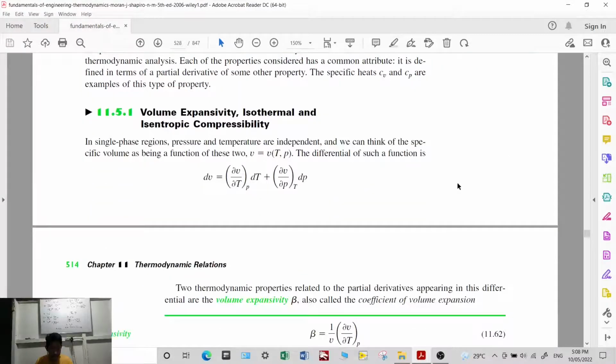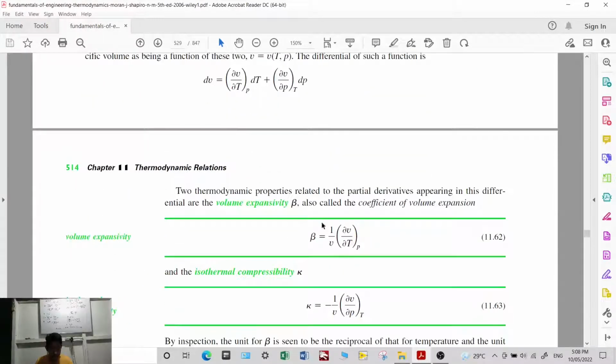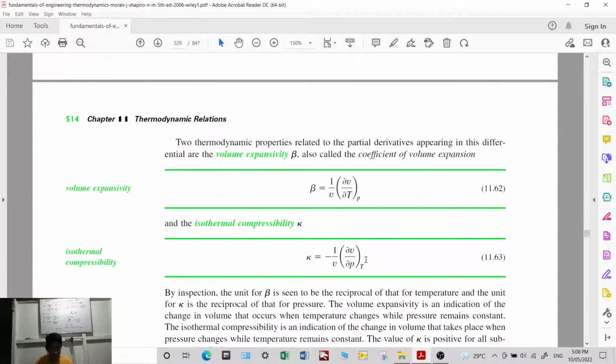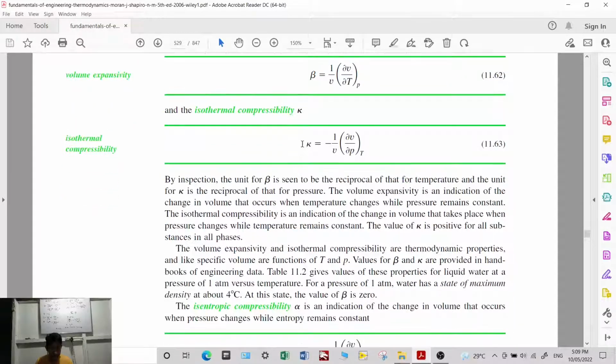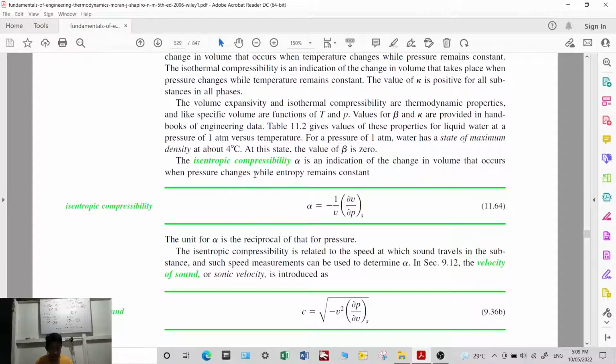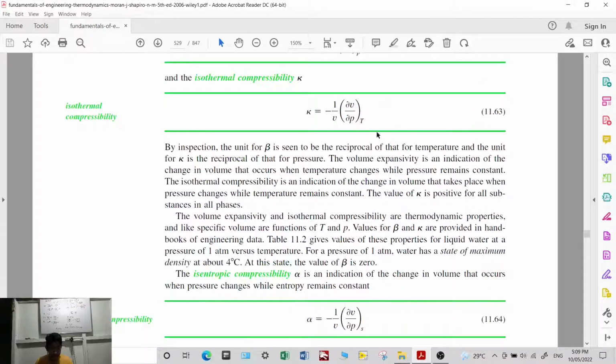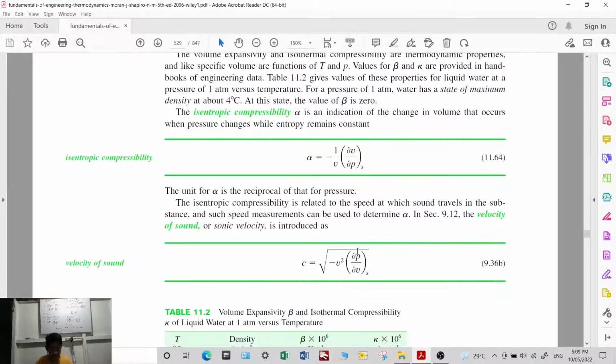And for other properties, like the coefficient of volume expansion, again this is a Maxwell relation. So the property relations we derived have many uses. You can get volume expansion, isothermal compressibility, and isentropic compressibility. The difference between the two is constant temperature versus constant entropy.